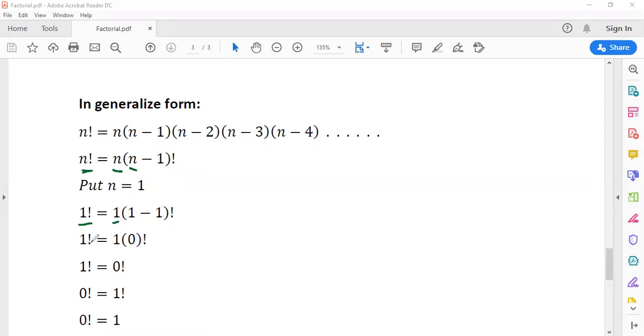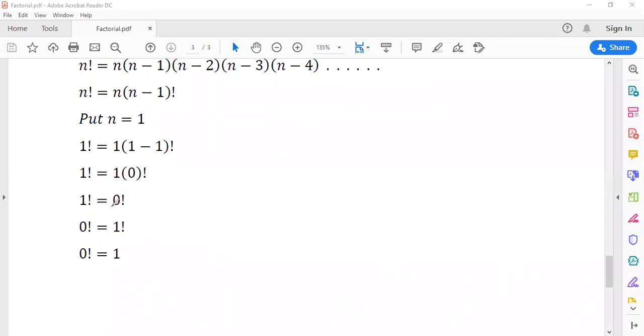So 1 factorial equal to 1 into 0 factorial.